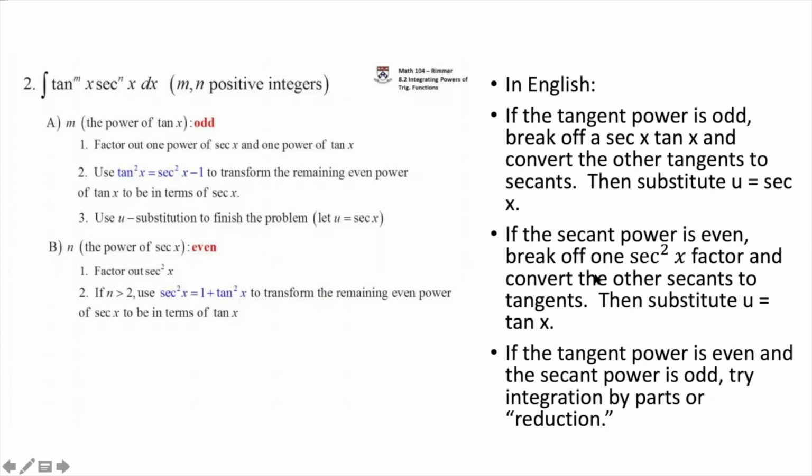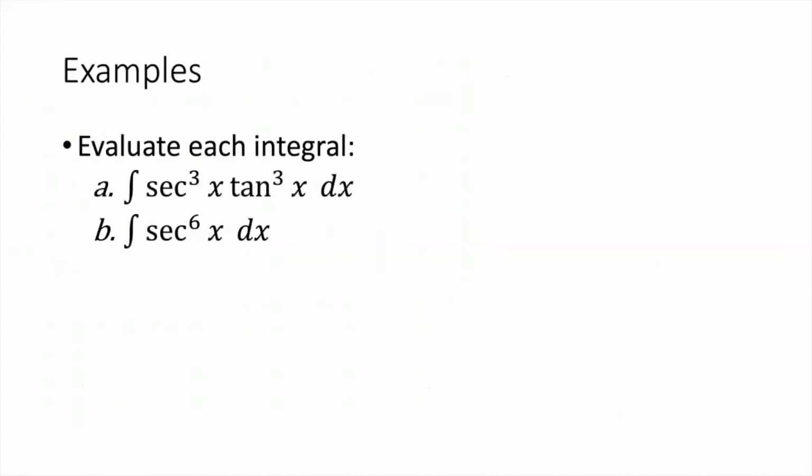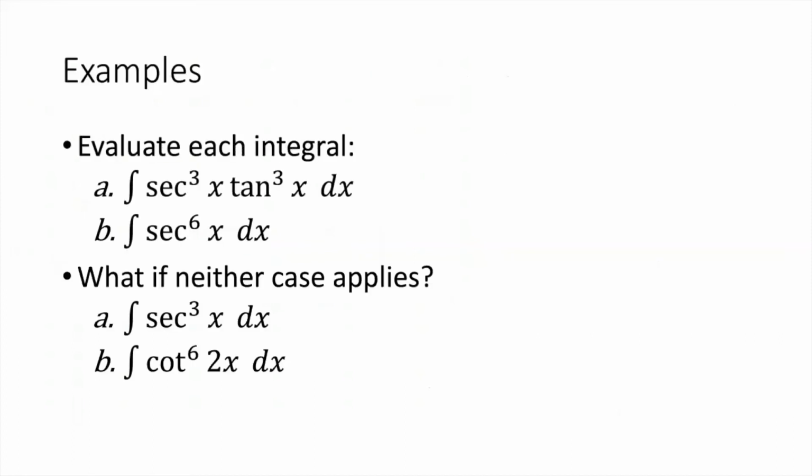In any of those miscellaneous cases, it could end up being integration by parts, or it could be what we call reduction. And what reduction basically means is that you play with it and create an integral that's a little bit simpler. And eventually you get it down to something that you can evaluate. All right, so these are the examples I'm going to show you. Let's switch over to the tablet.